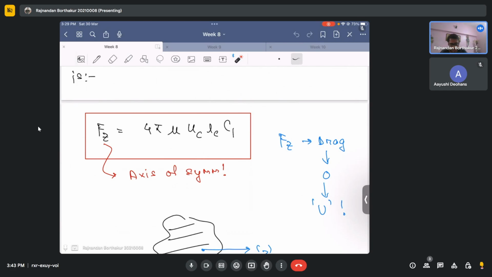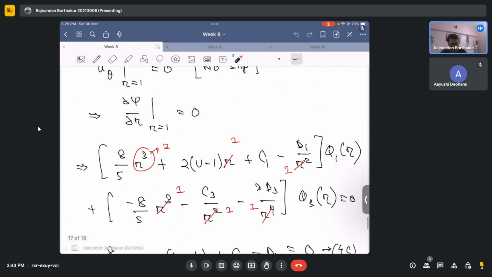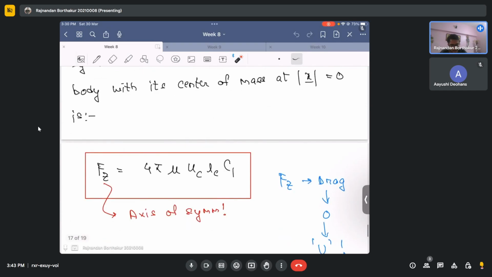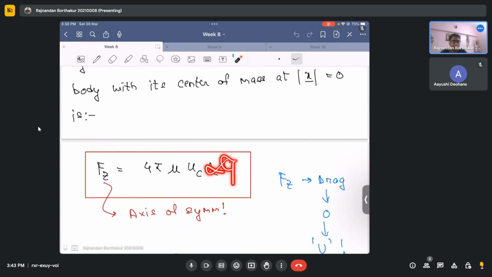What we did is we calculated the constants C1, D1 and C3, D3, and I said that we will use a theorem which says that the drag force is proportional to C1. Which means that in order to calculate the drag force, all you require is the constant C1. But this theorem loses its validity if someone asks what the individual contributions of the form drag, that is the drag induced by the pressure, and the viscous drag will be, because this F is basically the total drag.